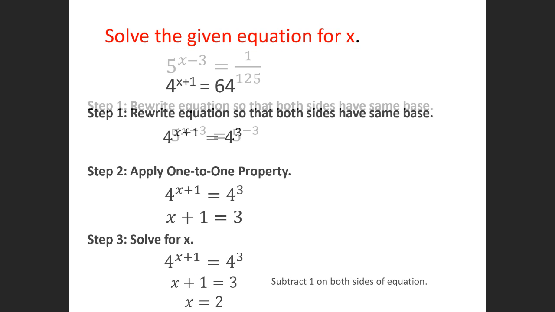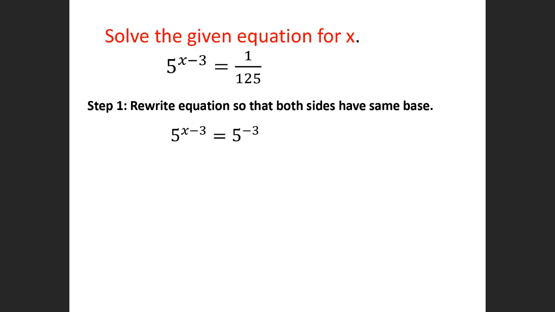Awesome. So let's go ahead and look at another example. Oops, I went too far. As you can see, if we were to ask ourselves, can we use our one-to-one property for this one? Well, I have a base of 5 on this side, but I have a fraction on the other. So just a quick view on how I went from here to here.